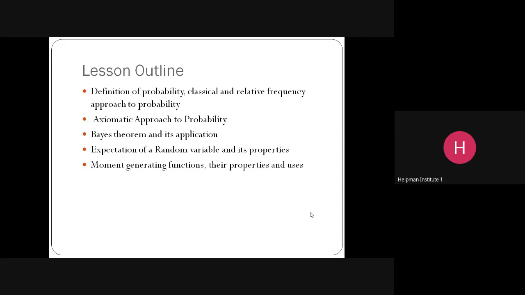We should also look at the axioms of probability more closely so that we will get more understanding. In our next class, we'll be looking at Bayes' theorem and its application, expectation of a random variable and its properties.